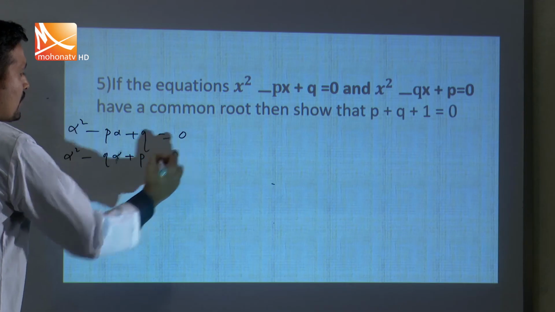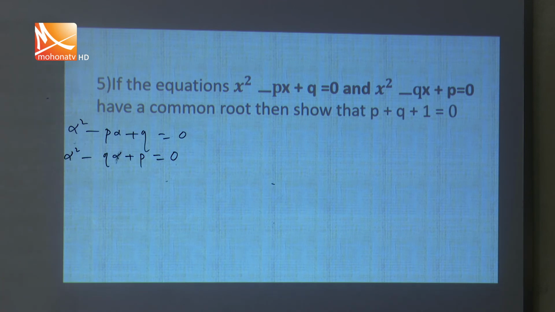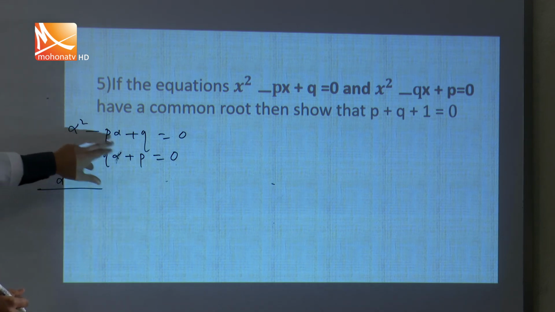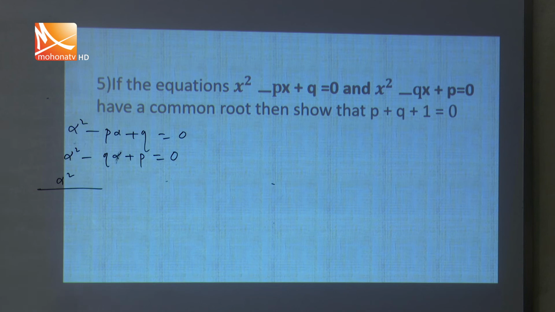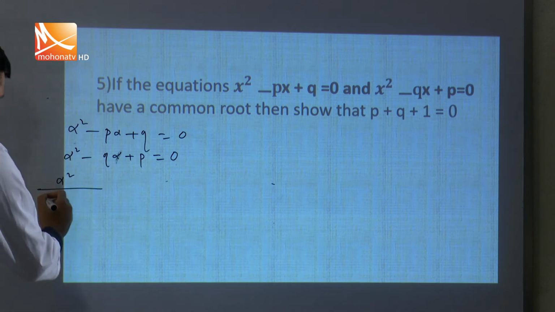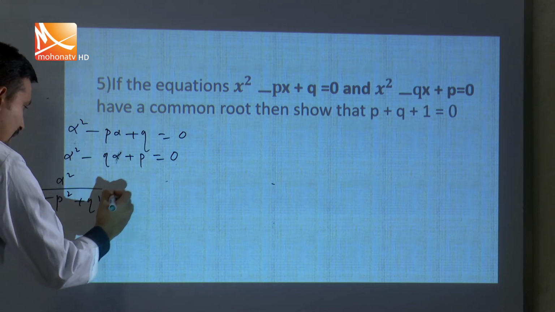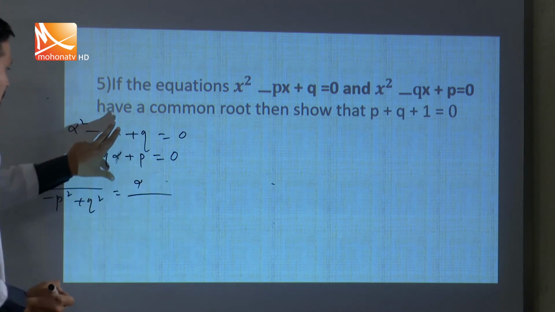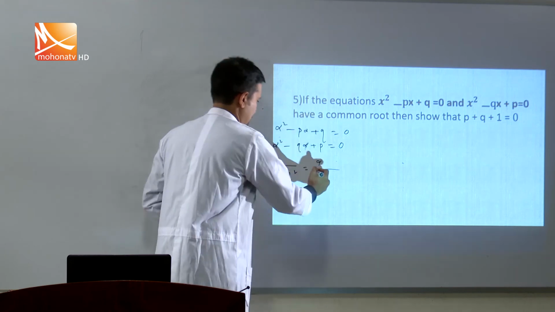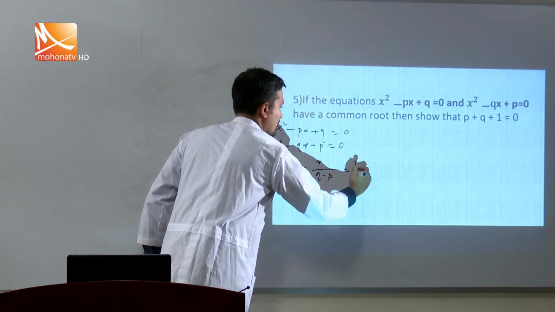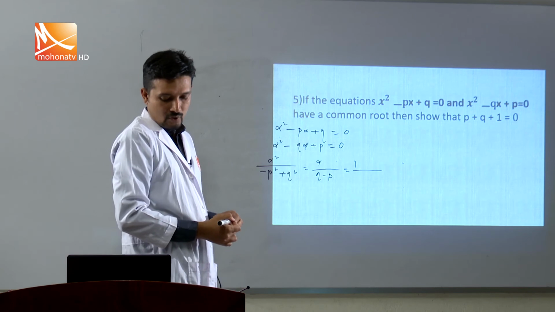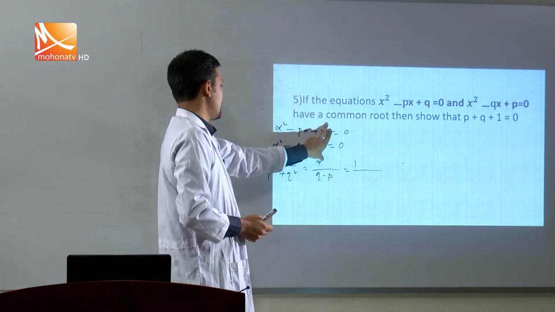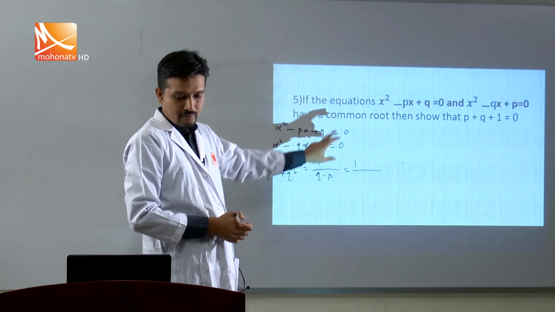By the cross multiplication method, alpha square divided by minus p square plus q square, alpha divided by q minus p, 1 divided by minus q plus p.